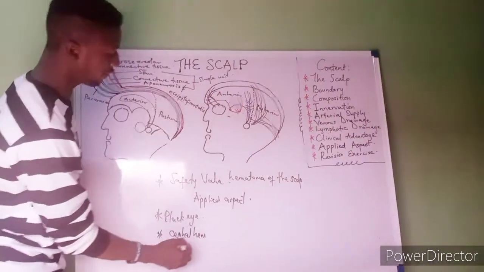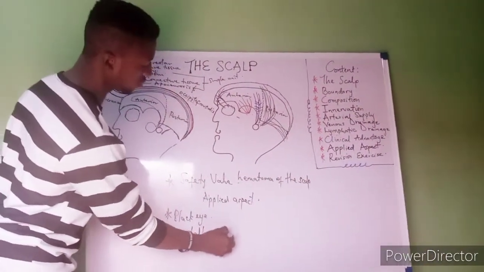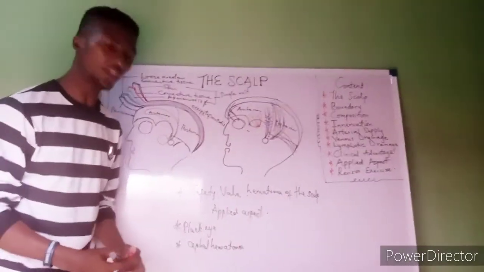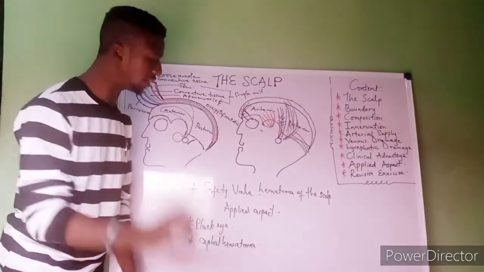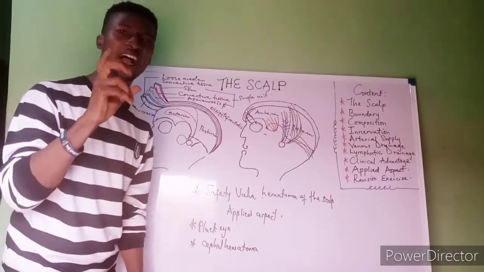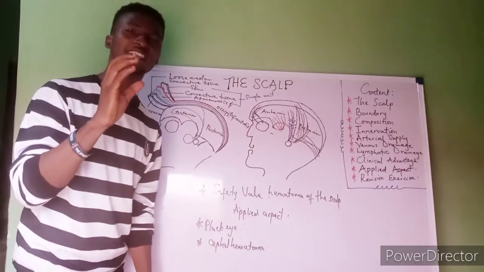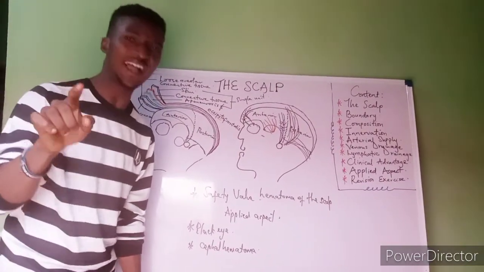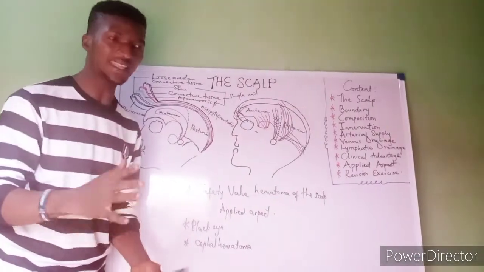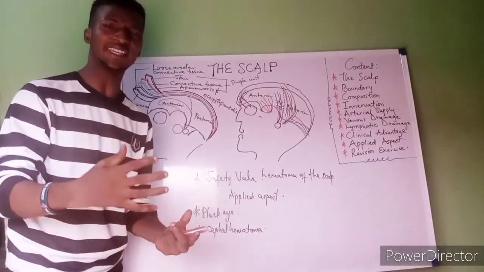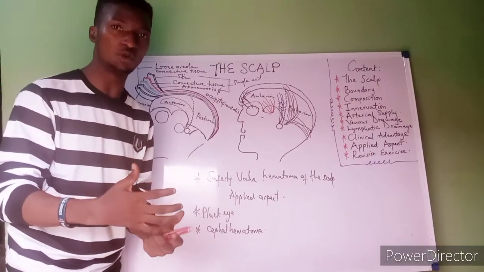Let's talk about cephal hematoma. What is the meaning of cephal hematoma? I said earlier that whenever you hear the word hematoma, it means related to blood. Cephal hematoma is the accumulation of blood in a space between the pericranium and the cranial bone. Don't forget that the pericranium is attached to the cranial bone.